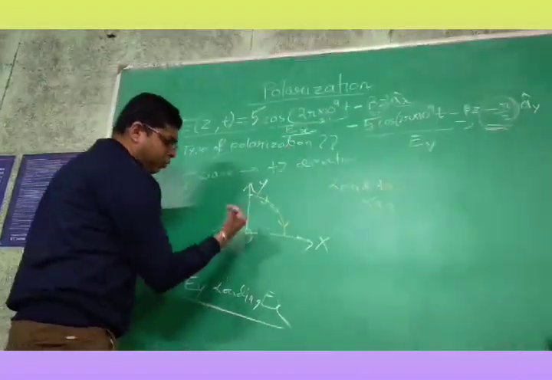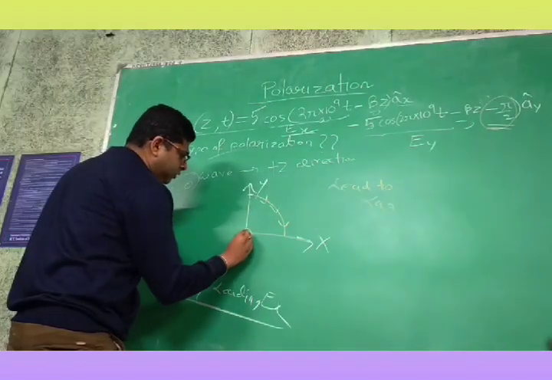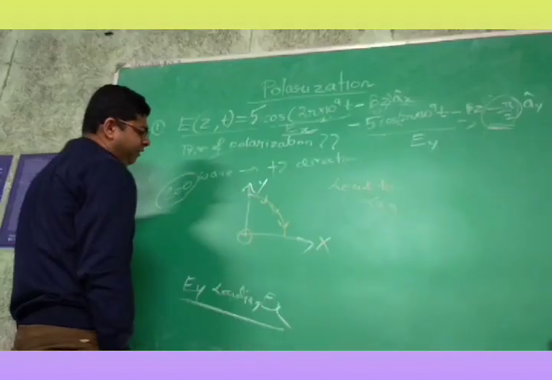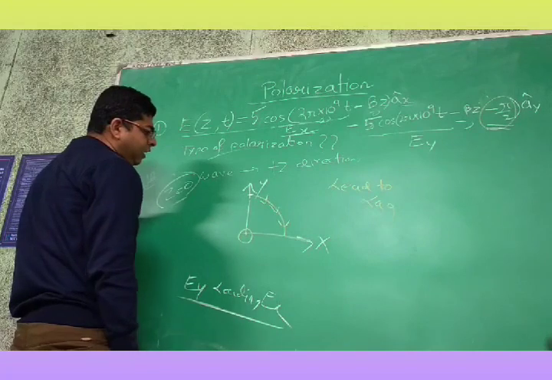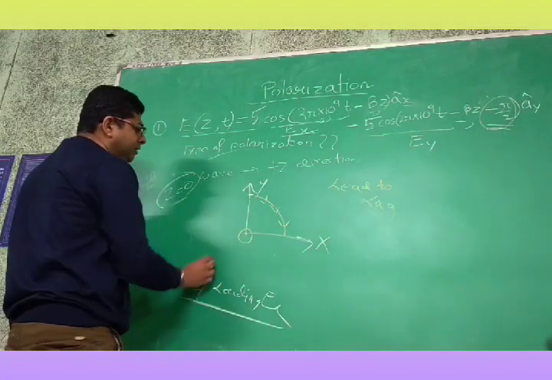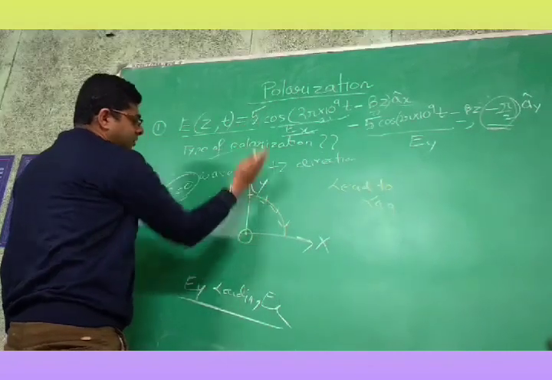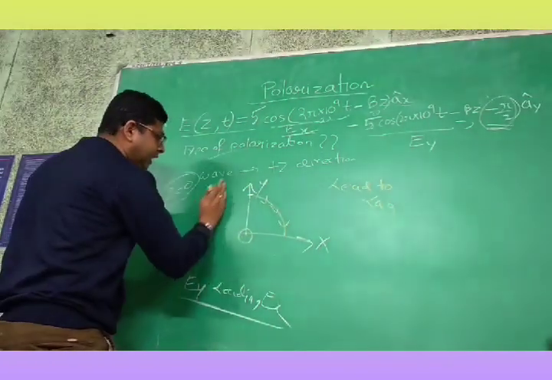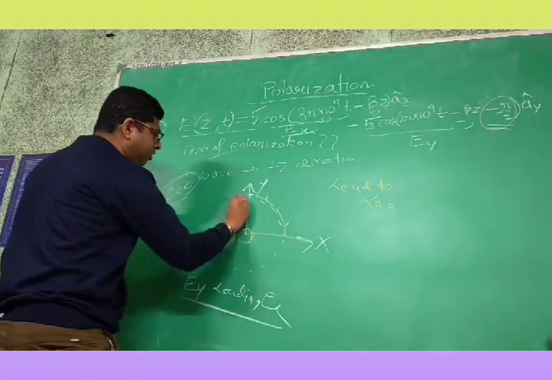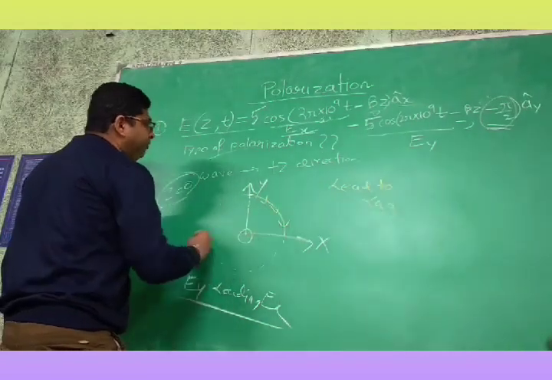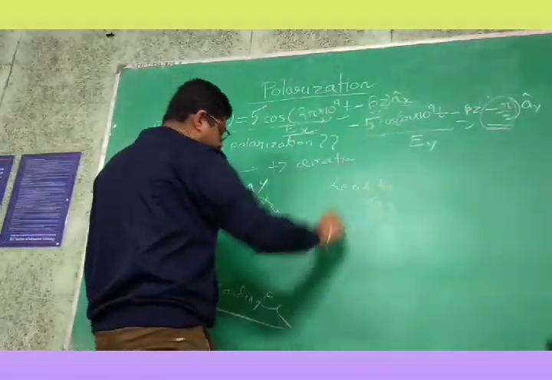So outward to the board. So this is the direction of the wave. This will be like this, and the radius will be 5. This will be a circle, because this magnitude is same, 5.